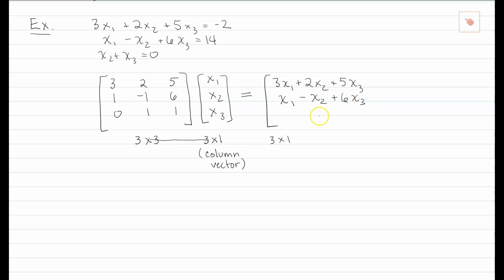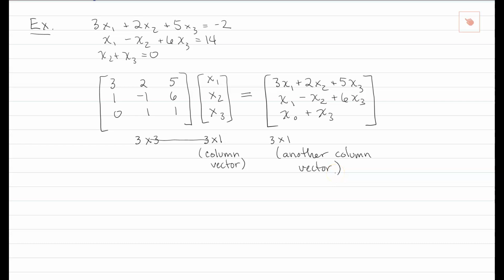And finally, to get the third entry, we need to take this third row and this column vector and take their dot product. So we'll have 0 times x1, 1 times x2, and 1 times x3. Okay, so that's the multiplication, and now we have our resultant 3 by 1 vector.